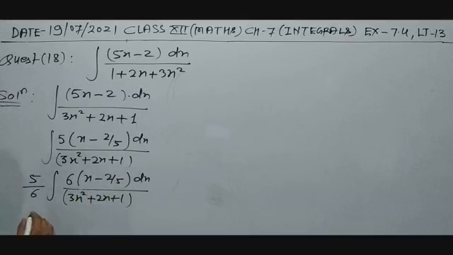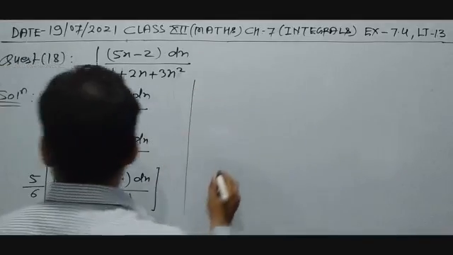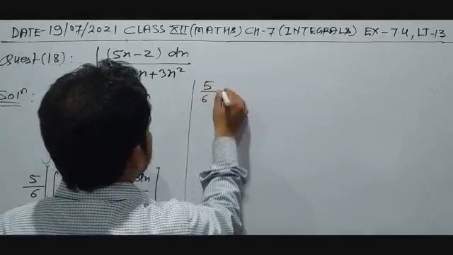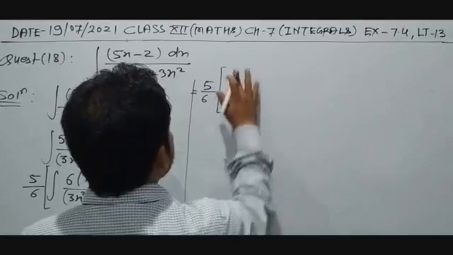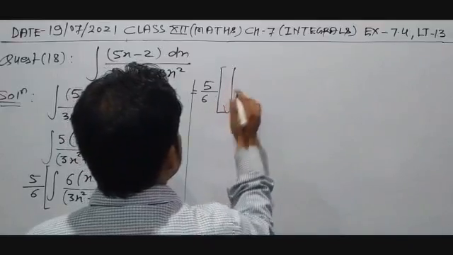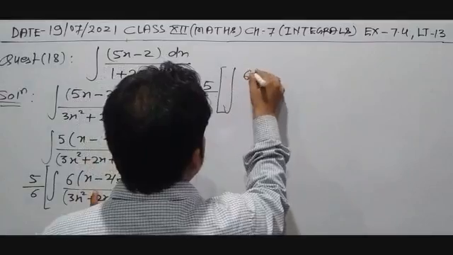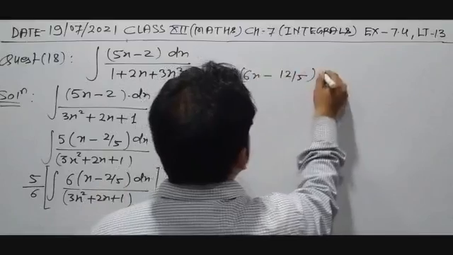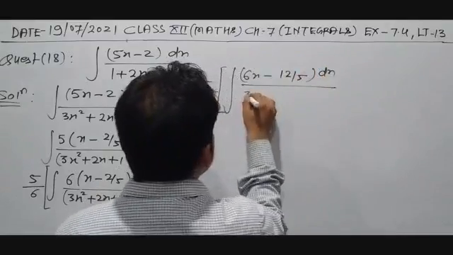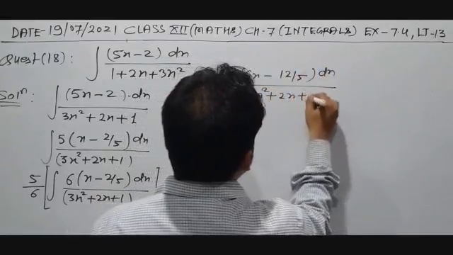So now first of all write in square bracket: 5 by 6, integration of 6x minus 12 by 5 dx whole upon 3x square plus 2x plus 1.